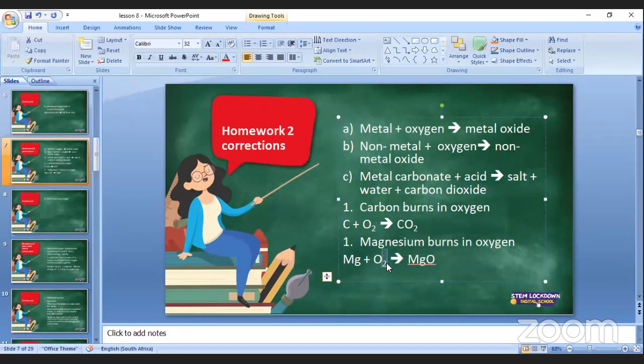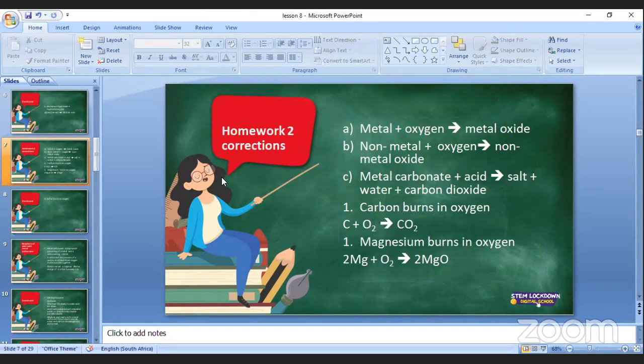So we'll have to add coefficients to actually balance it. Because we've got 2 oxygens on this side and on this side we have 1, we can put 2 there. So we have 2 oxygens and 2, but now we have 2 magnesiums on one side and 1 on the other. So we're going to put a 2 there, and then our equation is balanced. Are we clear, grade 9s?